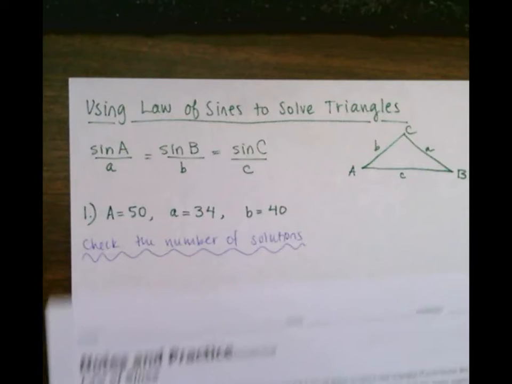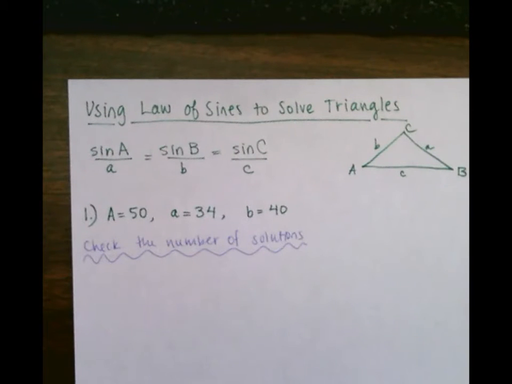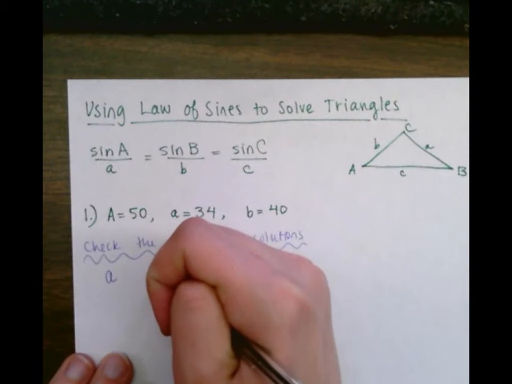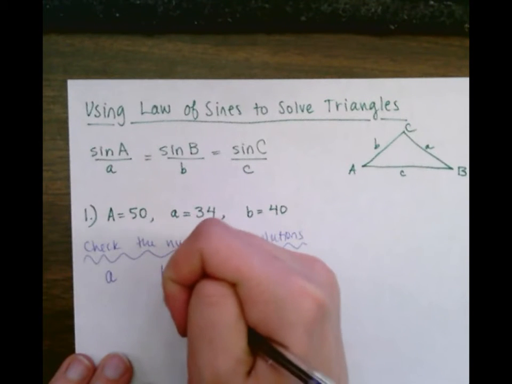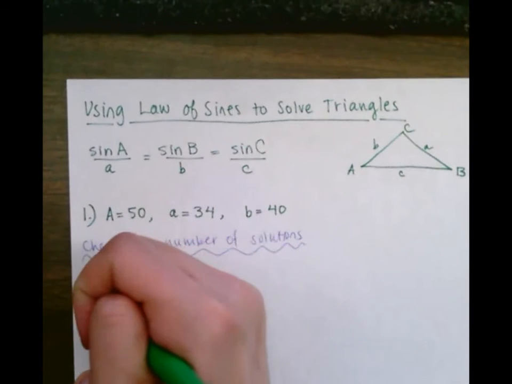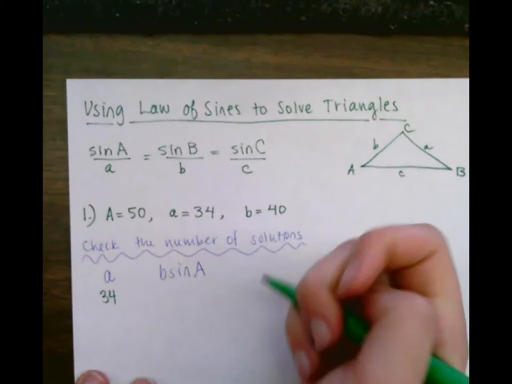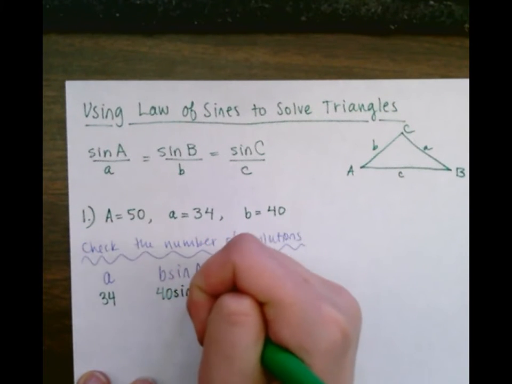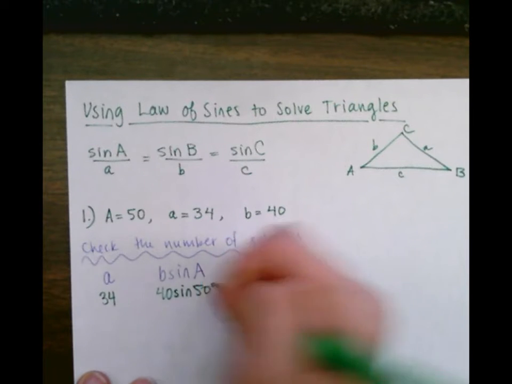So the idea is we would like to compare the a value to the value of b sine A, okay? In our case, little a is 34, and we'd like to compare that to 40 sine of 50 degrees.